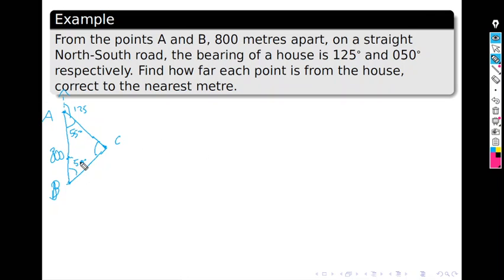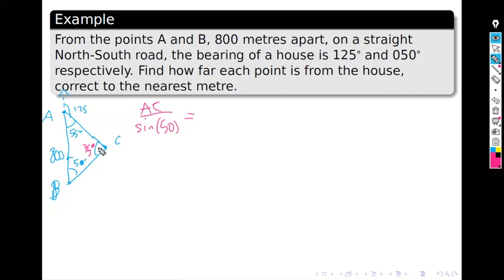What we could do is get this other angle just by realizing that's all up, that's 105. So this is 75, to make 180. If you want to get the line AC, you're going to need that angle. So we could use the sine rule and use the opposite angle.